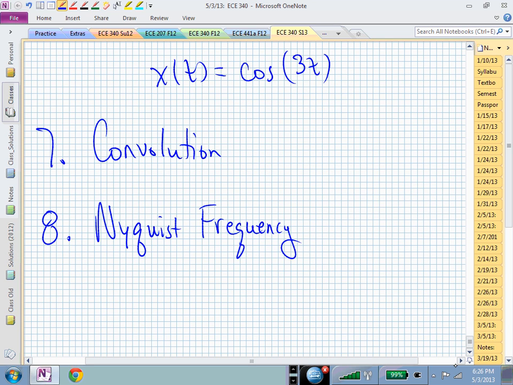The Nyquist frequency. What's so special about the Nyquist frequency? If you had to catalog that in just a couple or three words, what would you say the Nyquist frequency gives you, or what's special about it?